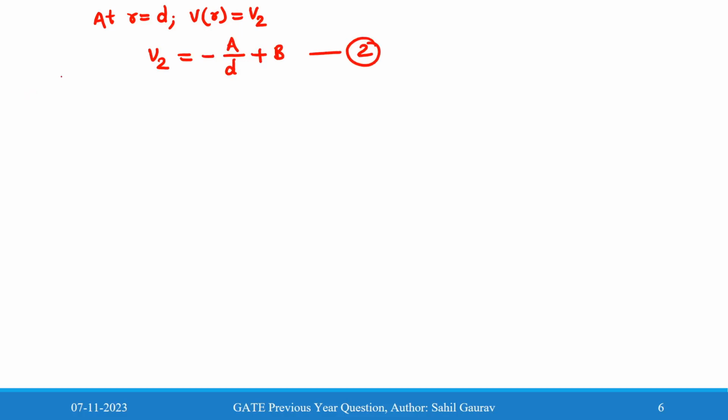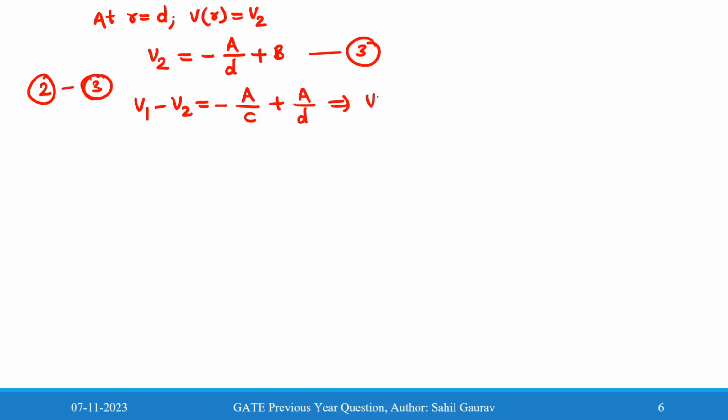On subtracting third from second, you will get V1 minus V2 is equal to minus A divided by c plus A divided by d.